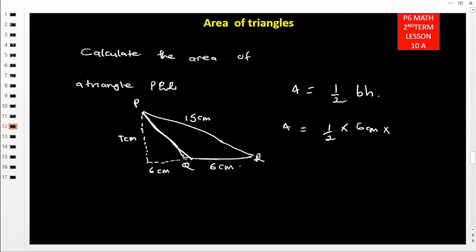The height of the triangle is this properly standing line from the base up to here. So this is its height, and the height is 9 centimeters. So 1 by 2 of 60 is 30, so area is equal to 30 centimeters times 9 centimeters, which is giving us 270 centimeters squared.